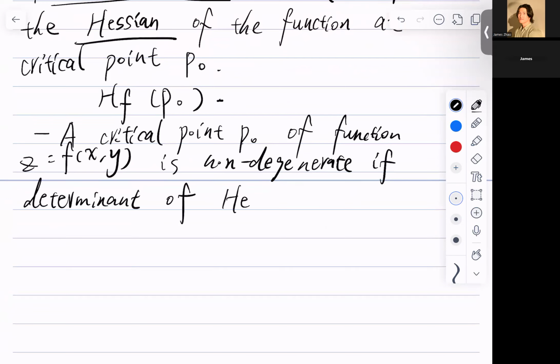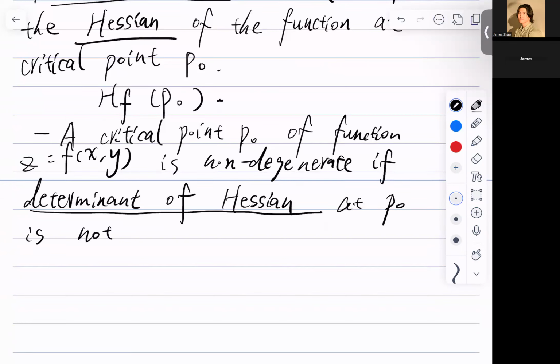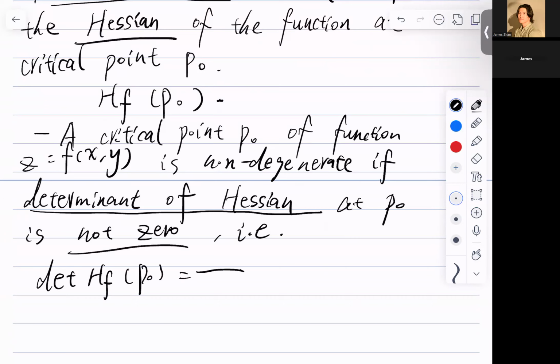of the Hessian at P naught is not zero, in other words, our determinant, which is calculated with this almost cross product looking thing, right?